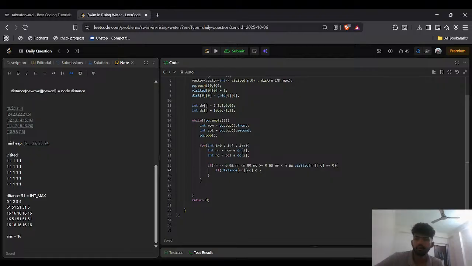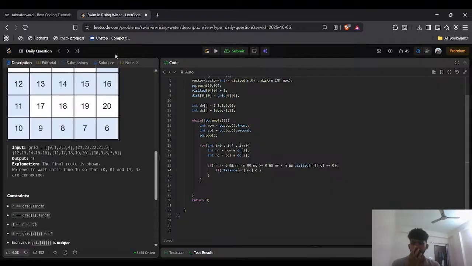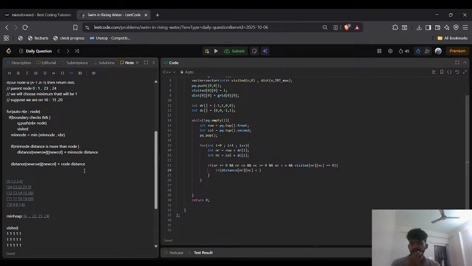When our new row column will be 2, 2's distance is 51. Is 51 less than? No. If no, then we can do this thing with if less than.